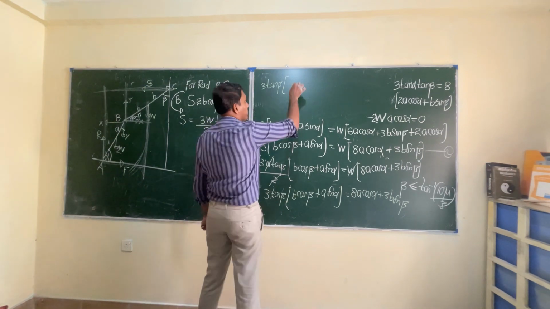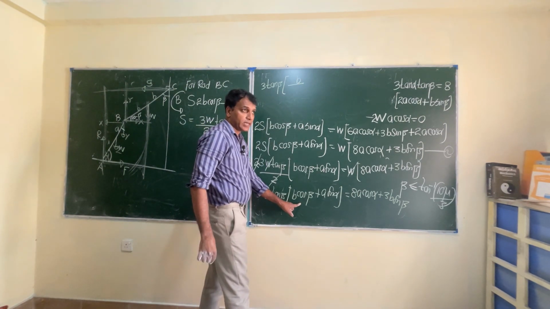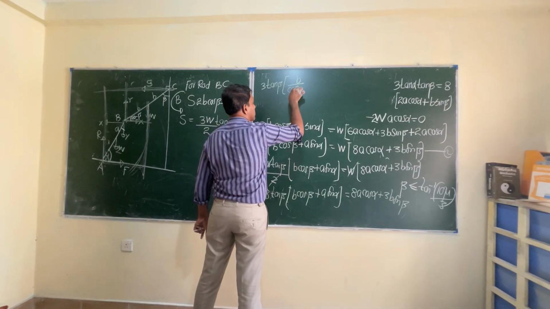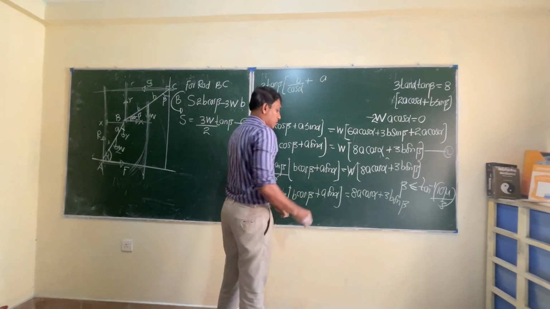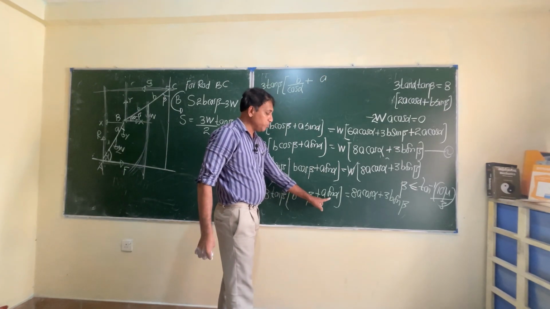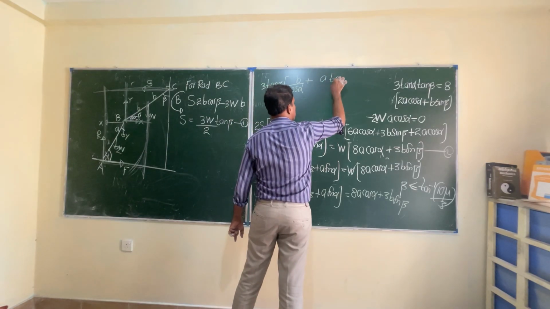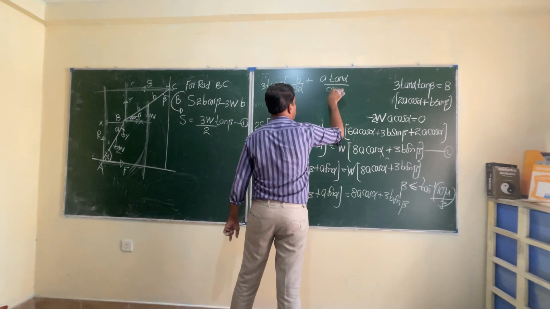Here b, divide by cos alpha cos beta. Cos beta cancels, leaving cos alpha, plus a cos alpha cos beta divided, then tan alpha over cos beta below.